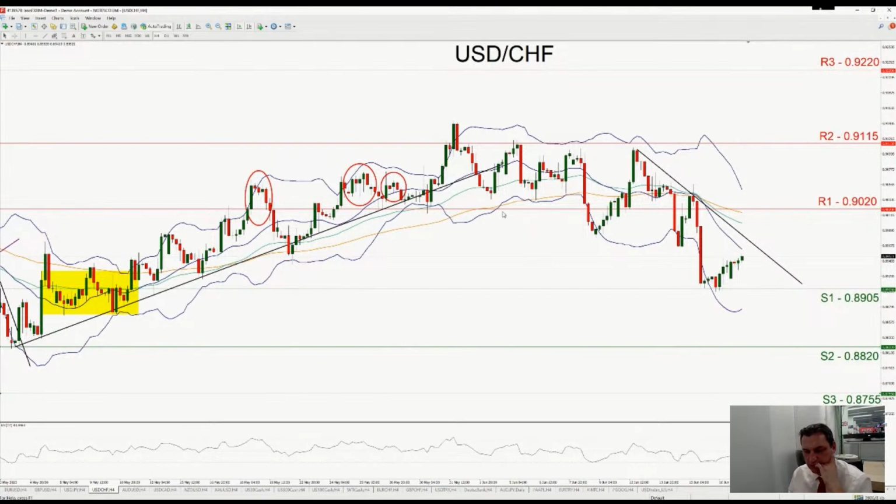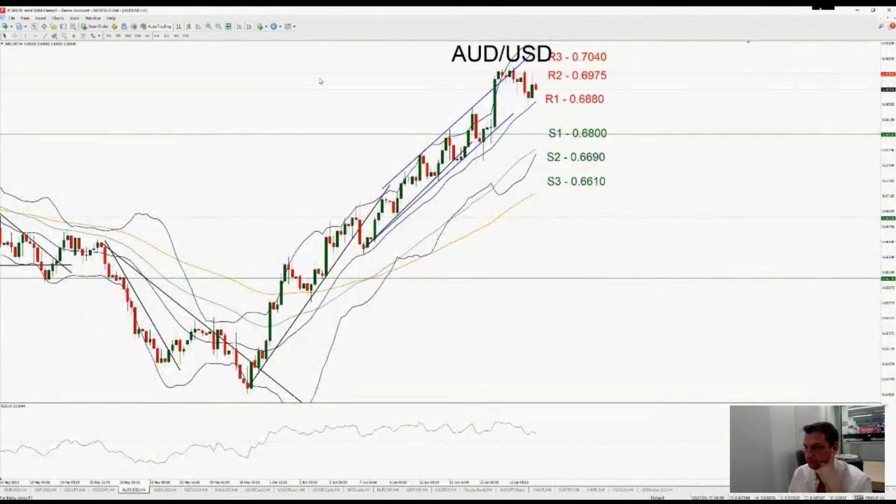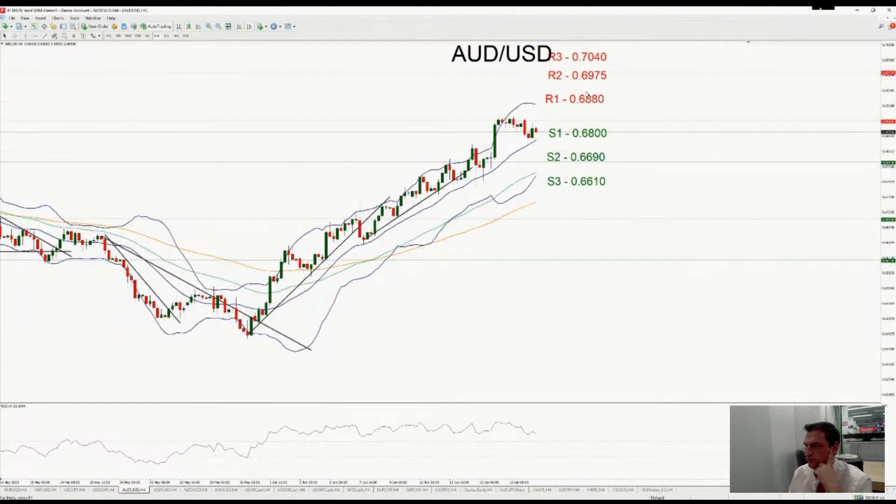Let's have a look also at commodity currencies. And I would be interested in the Aussie in particular. The Aussie, which had a consolidation, but there was an upward movement.